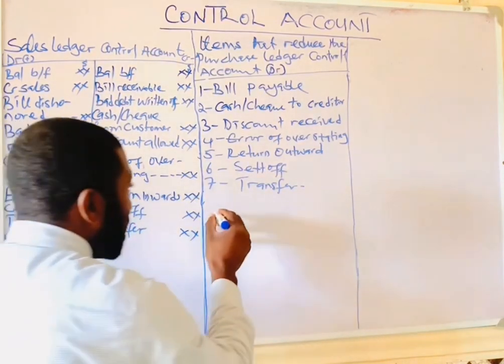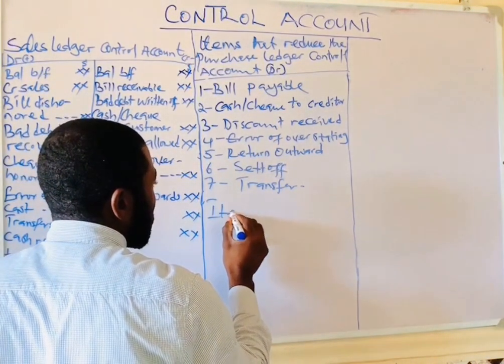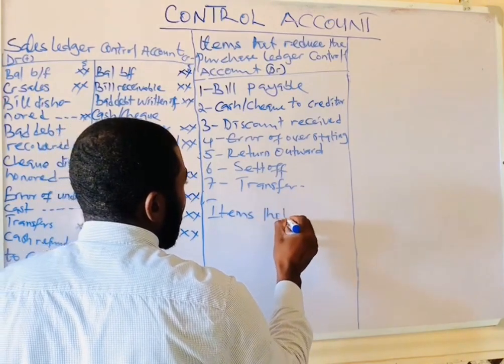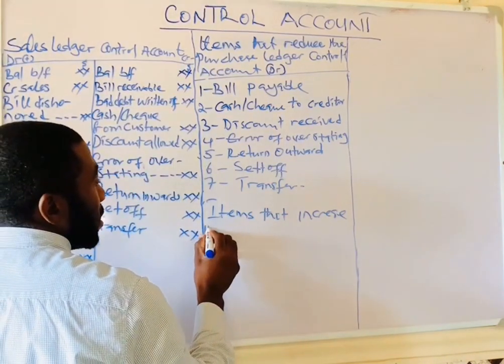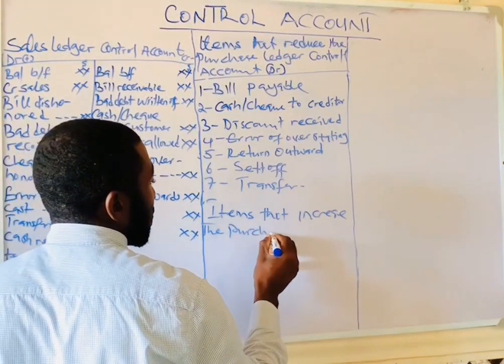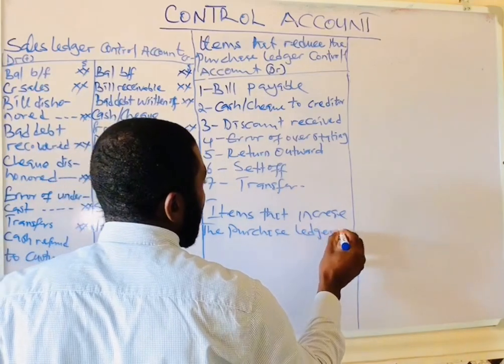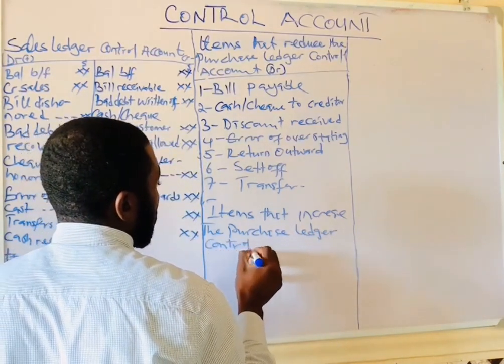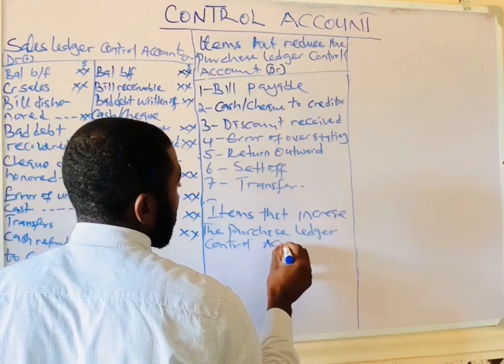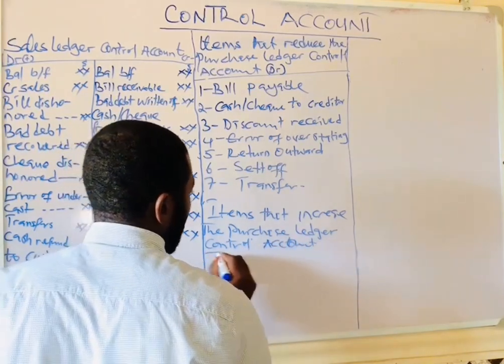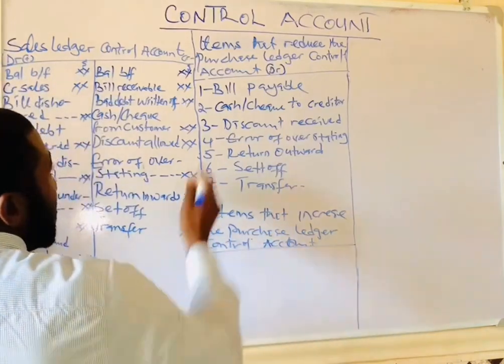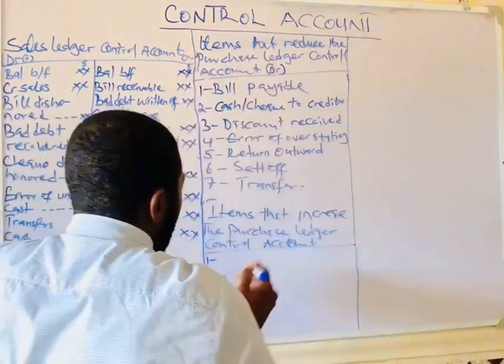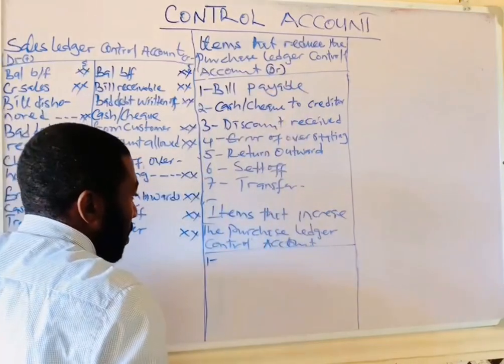Now, these are the items that reduce the balance we have to pay to our creditors or suppliers. Now, let's look at the items that we add. Items that increase the purchase ledger control account. These items are the opposite of those items.